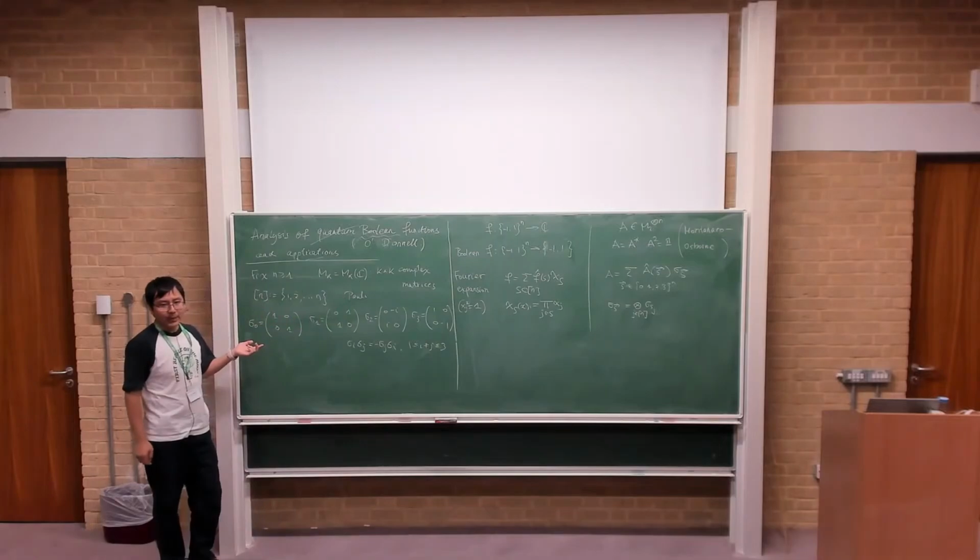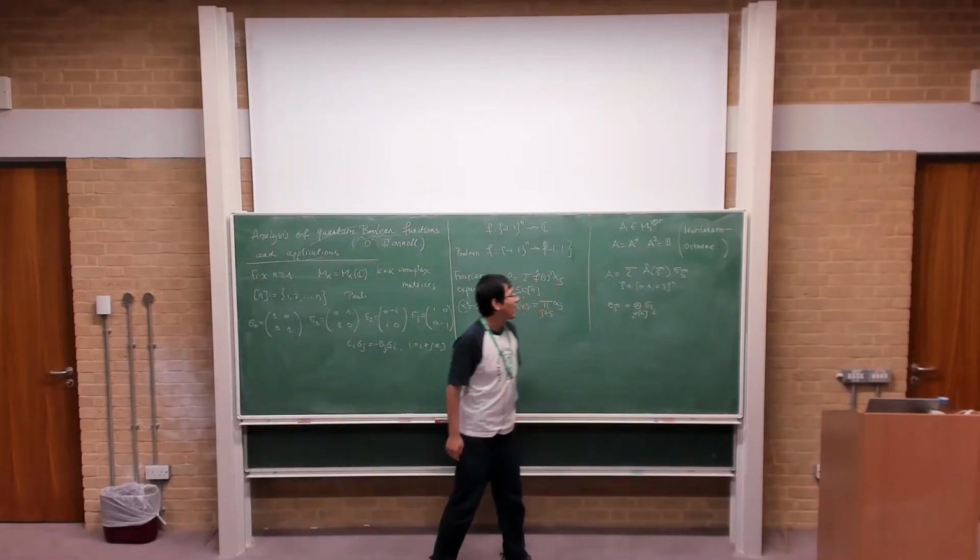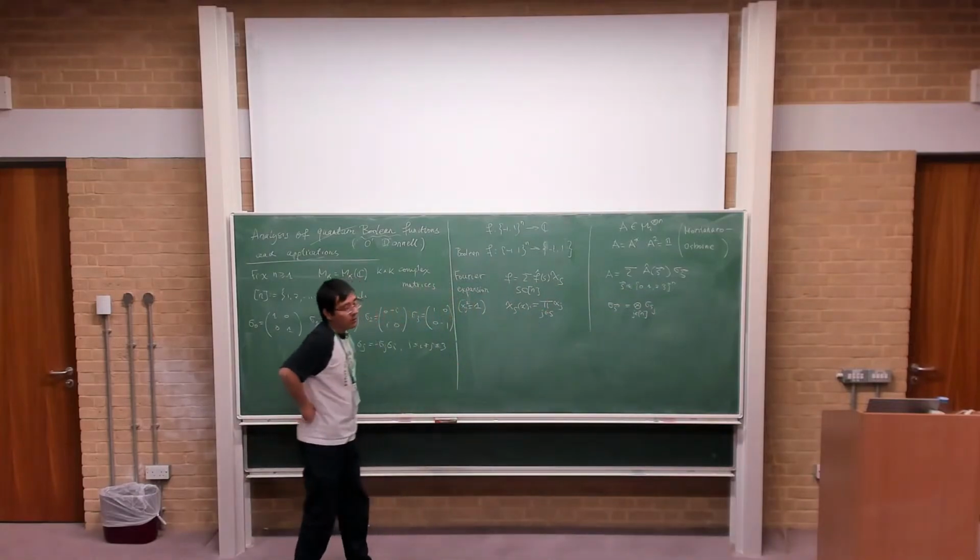That is my basis, and this A hat of s vector is some complex number, the Pauli coefficient or the Fourier coefficient.